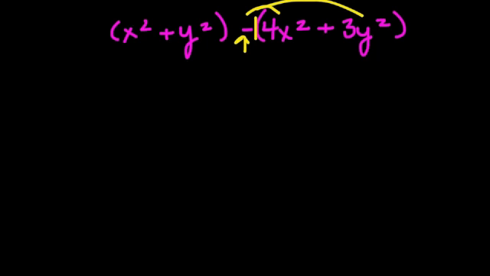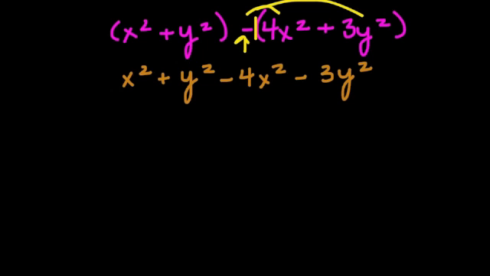So let's start by rewriting this expression as x squared plus y squared. And then I'm going to distribute that negative. So this is subtracting the 4x squared and subtracting 3y squared. Again, that's because I'm multiplying a negative 1 times the positive 3y squared. From here, I can combine my terms together.